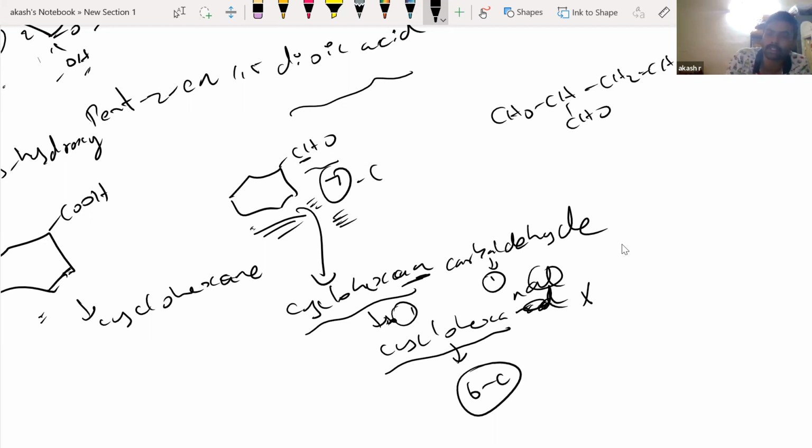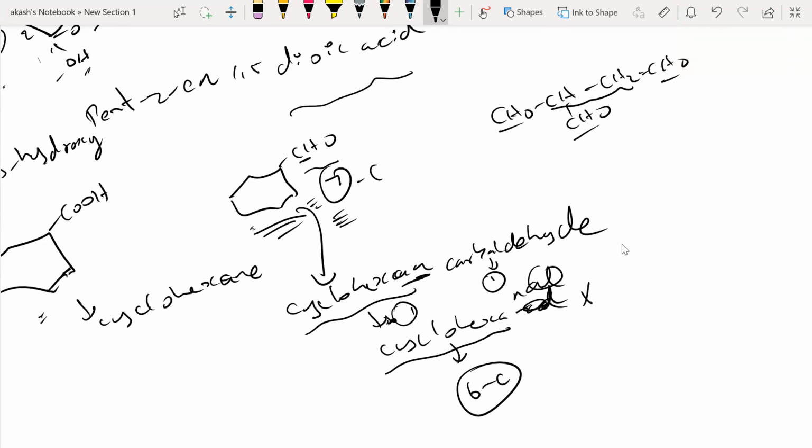So what we have to do is forget that these 3 CHOs are there first. Think how many other carbon atoms there are. 1, 1, 2. Sorry.